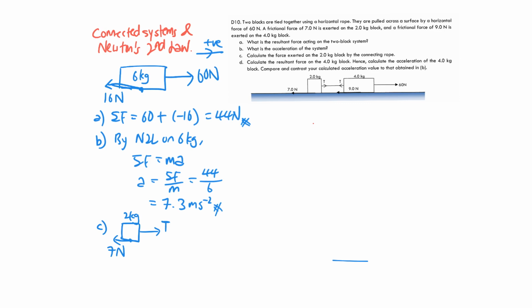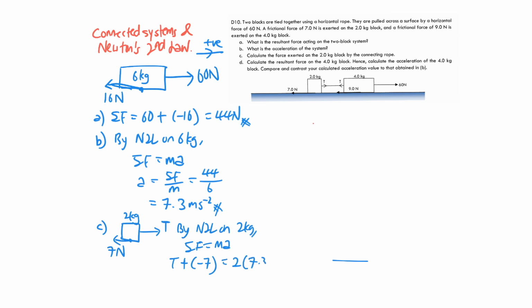And again, we will apply Newton's second law on this 2 kg block, and net force equals to ma. Net force is tension plus a negative 7 Newton, because net force is adding up all the forces. Mass is 2 kg.